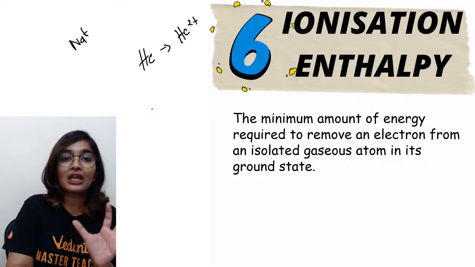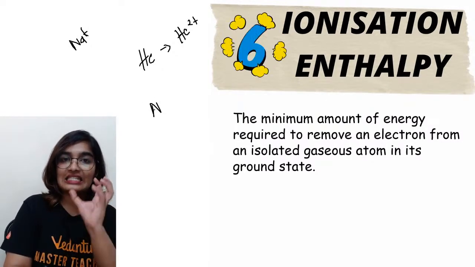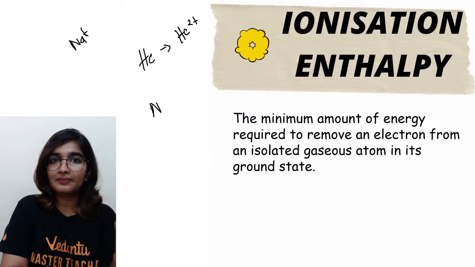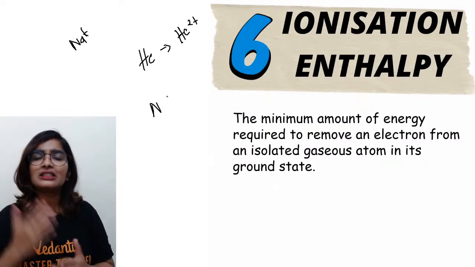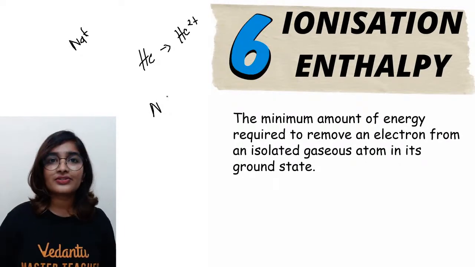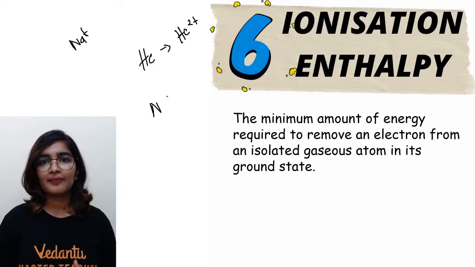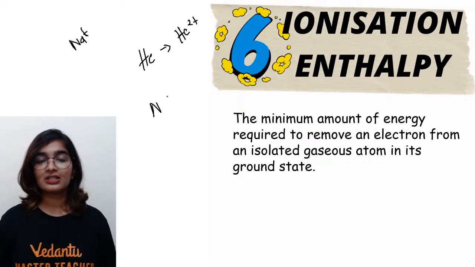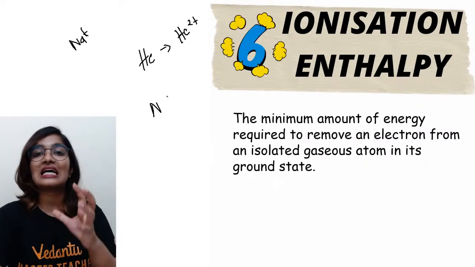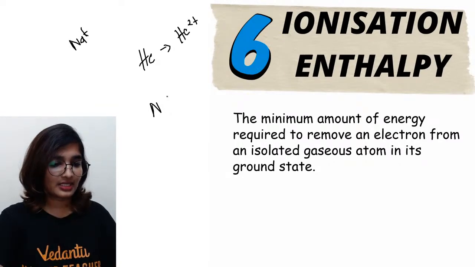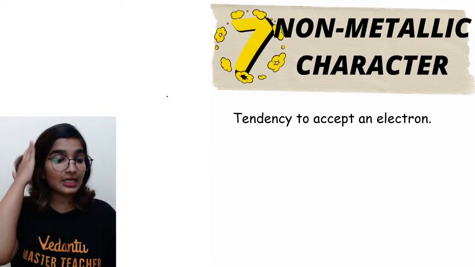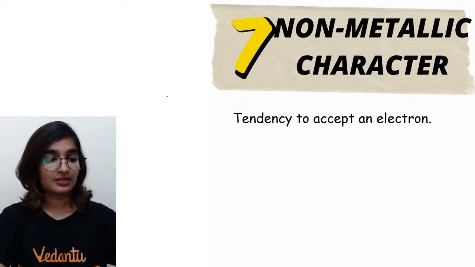I'm only talking about nitrogen now. It is an isolated atom in its gaseous state. What is the amount of energy required? Because whenever it is in a combined state or another state, the force of attraction might vary and the conditions might change. Ionization enthalpy has a certain value which you will be learning in higher grades. Yes, it is very important.